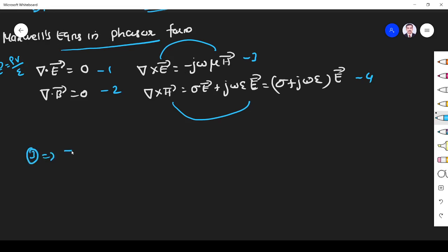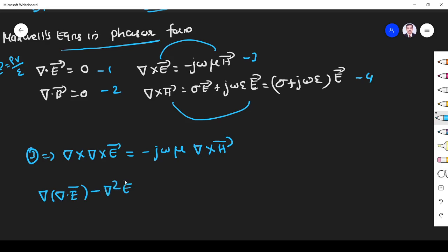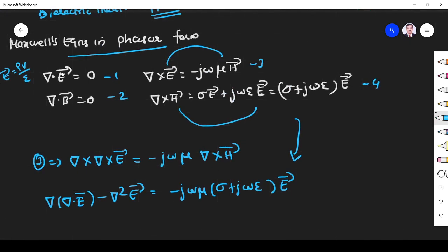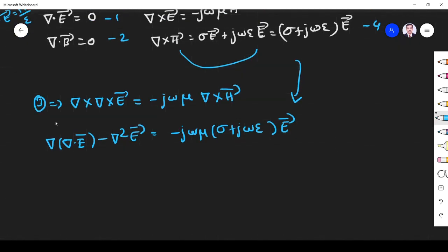So 3 implies del cross del cross E equals minus j omega mu del cross H. I know the identity for del cross del cross E: it is del into del dot E minus del squared E, equal to minus j omega mu times del cross H. Del cross H is given here: del cross H is equal to sigma plus j omega epsilon times E. Del dot E is 0 as per equation number 1, so this is cancelled.